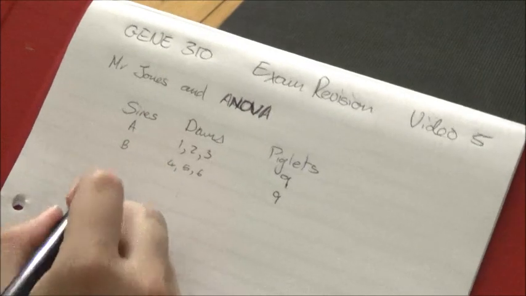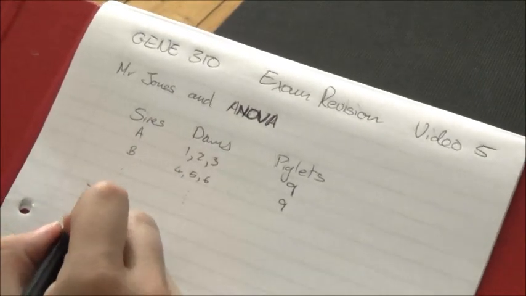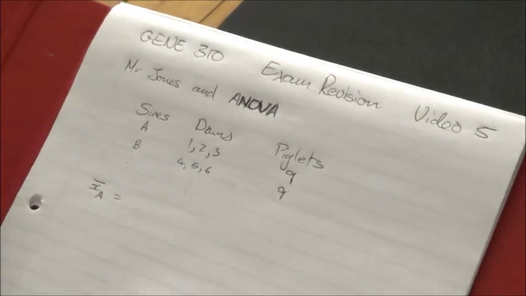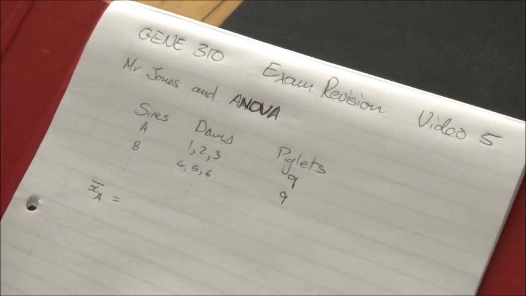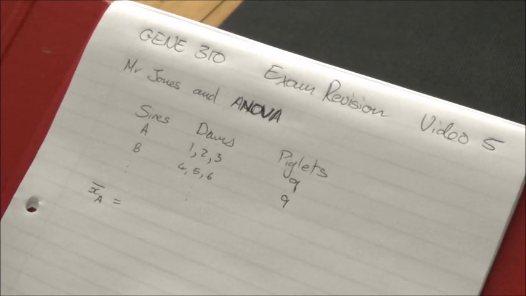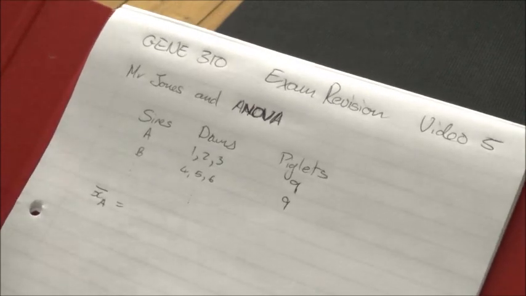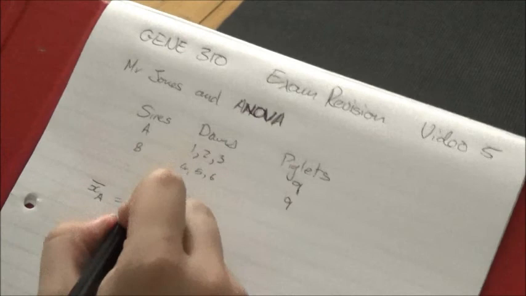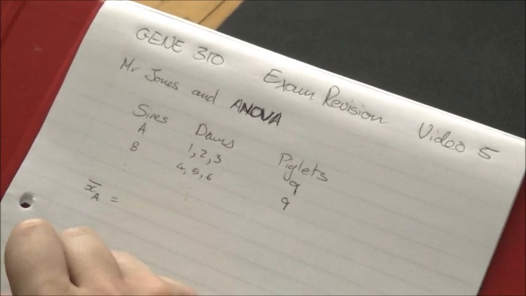So for sire A, I'm going to use the values from the table given in the question. You'd have to add up and find the average of 4.8, 4, 3.8, 4, 3.2, 3.5, 3.2, 3.7, and 3.5. Okay, so you'll have to do that for each sire, and you will get your average value.